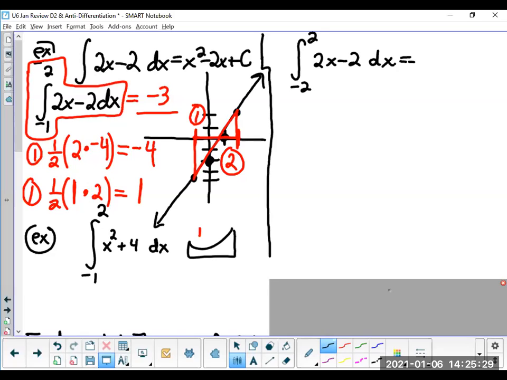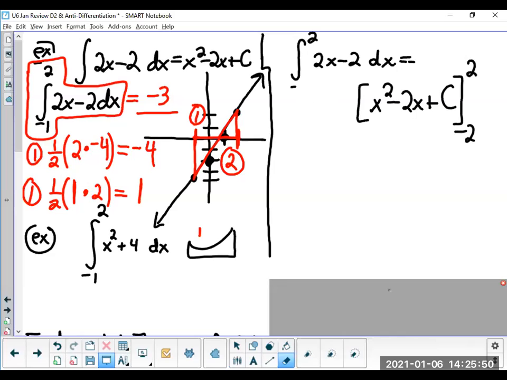Let's find out. So the fundamental theorem of calculus says that this definite integral equals an antiderivative of 2x minus 2. Sorry, the limits should be -1 to 2. We definitely won't be getting the same value with the limits of integration. All right, they're not the same shape anyway, as per usual.